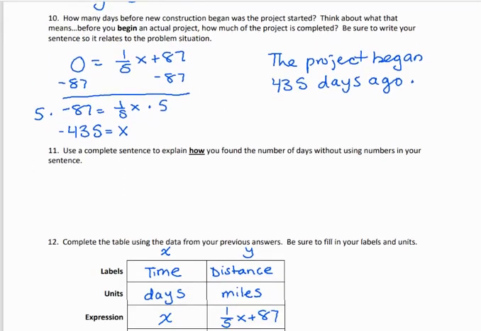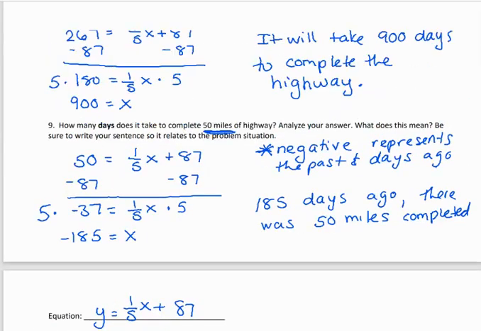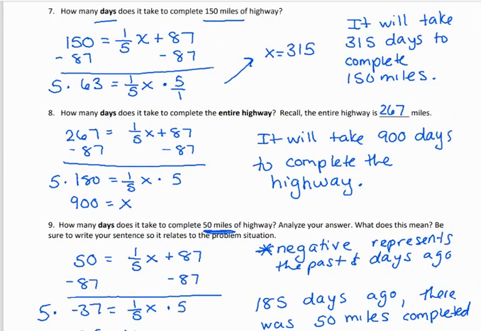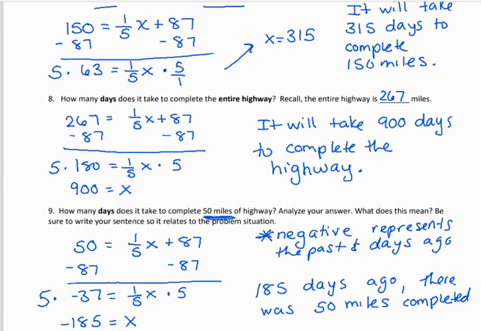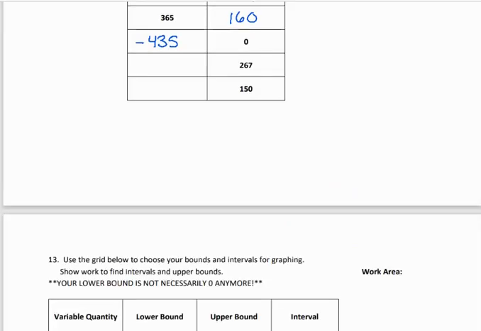What was that negative answer? Negative 435. So it's okay in my data to write negative 435. It's when in a sentence we want to say a go there. 267 miles was question 8. How many days was that? Question 8, we got 900.